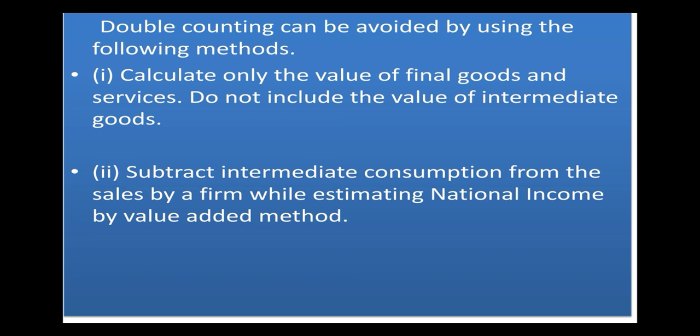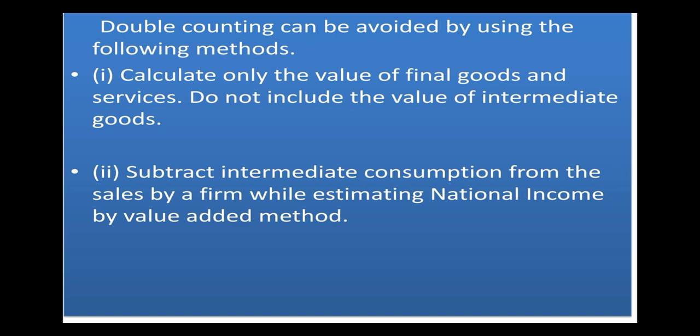First precaution is calculate only the value of final goods. We are not adding the cost of intermediate goods in the national income or in the GDP. So you will calculate the value of final goods and services. Do not include the value of intermediate goods.